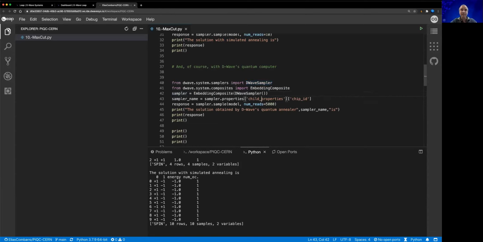This instruction here is just to retrieve the name of the computer. Remember that we had two different devices, the one with 2,000 qubits, the one with more than 5,000 qubits.